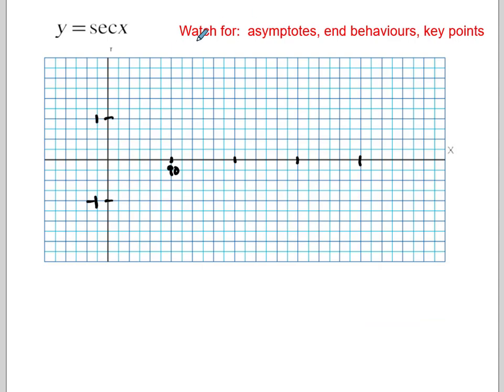So secant is 1 over cosine. Again, we're going to start with our cosine graph just to get it started. We'll draw our 5 key points. We'll make a nice smooth curve as best we can, especially when you're working with a mouse.